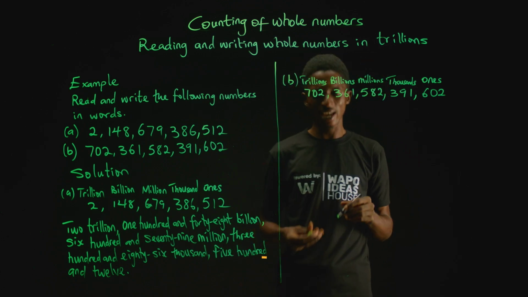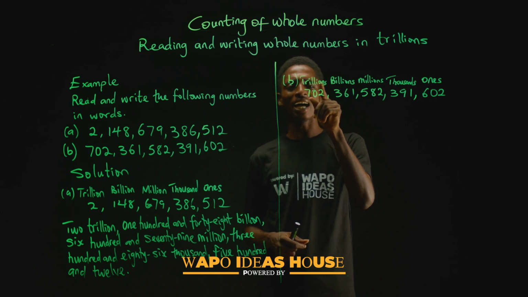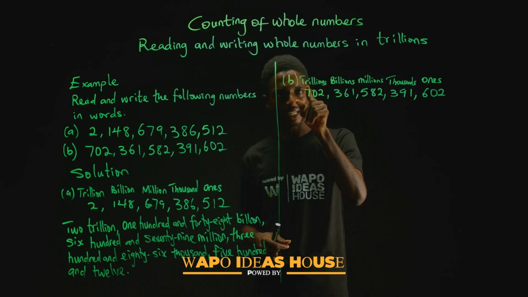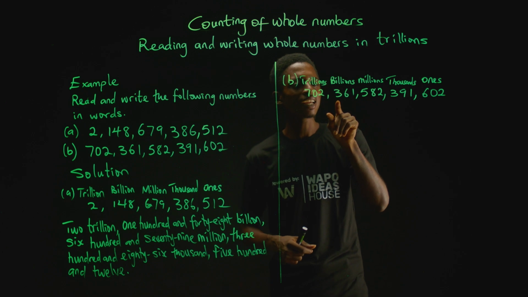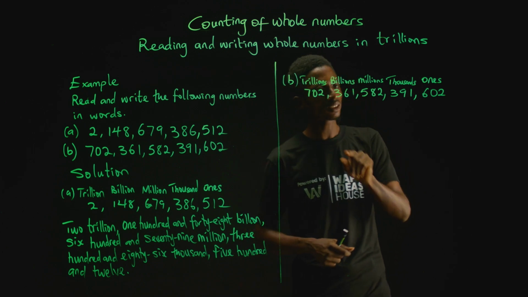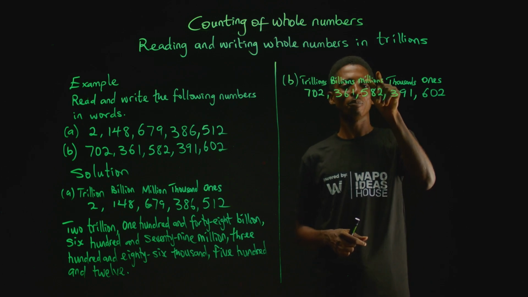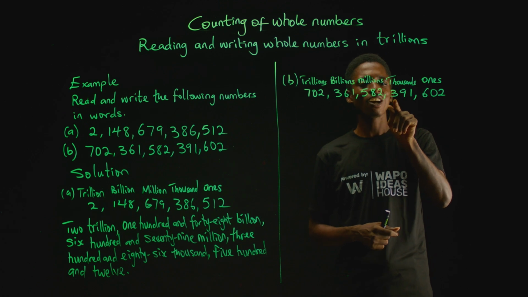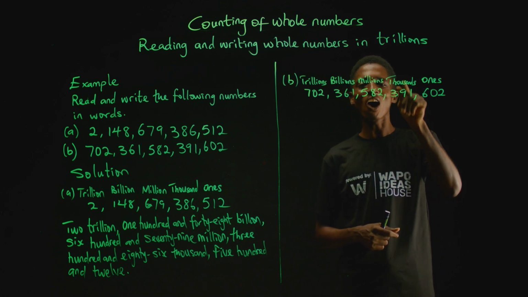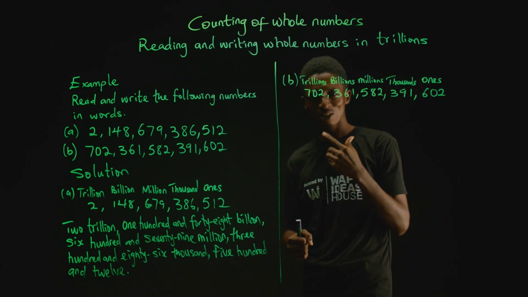So what we have here would be read as 702 trillion, 361 billion, 582 million, 391,602.